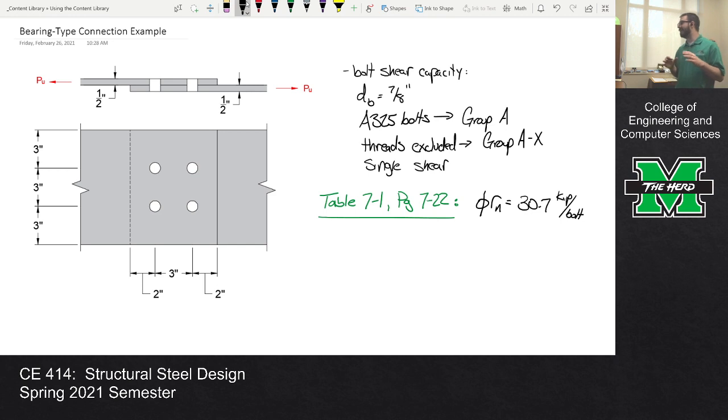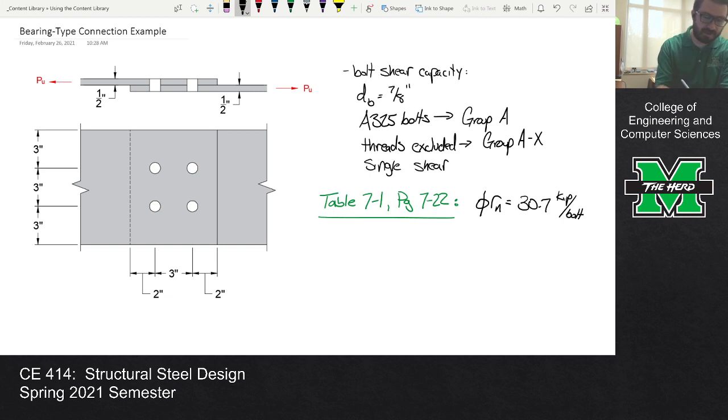All right. So that's 30.7 kips per bolt. So a lot of times in bolted connection land, we use a little r because that's per connector, but we use a big R for the whole connection. So how many bolts are in the connection? Hopefully that's pretty apparent. It's 4, right? 4 bolts.